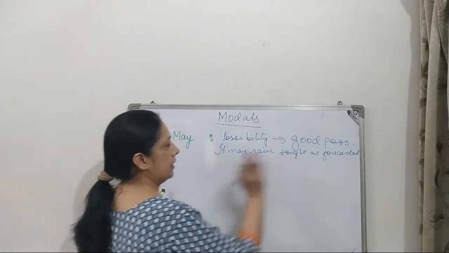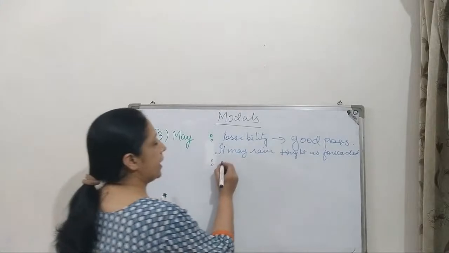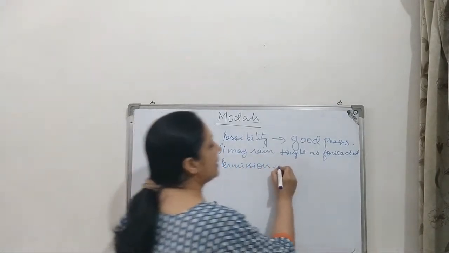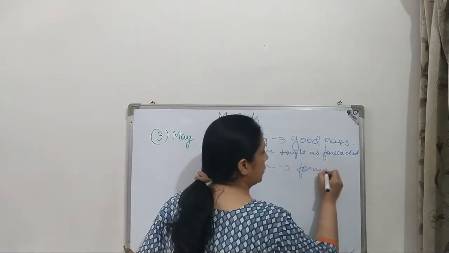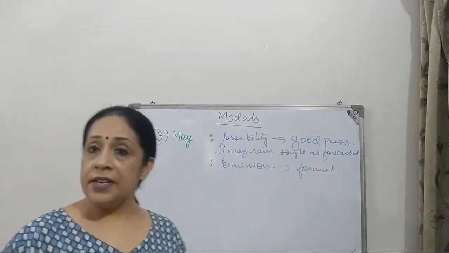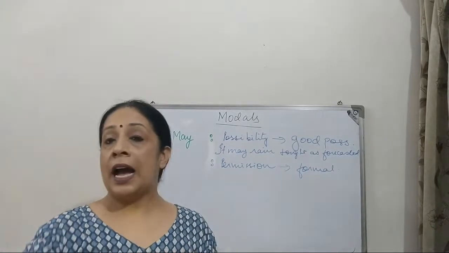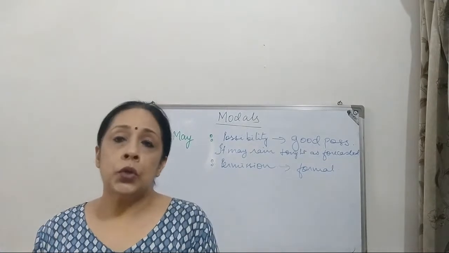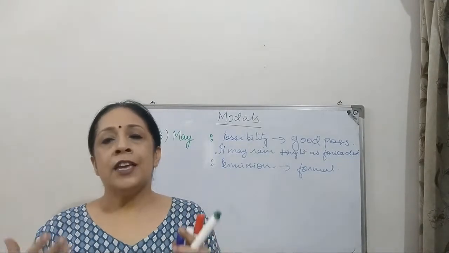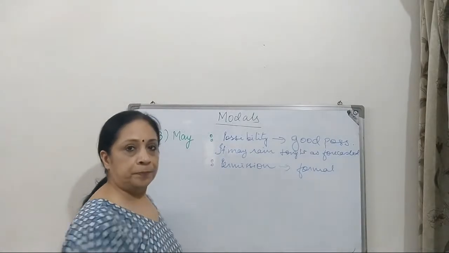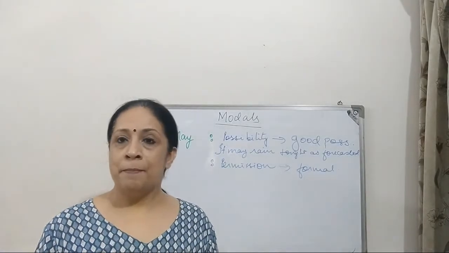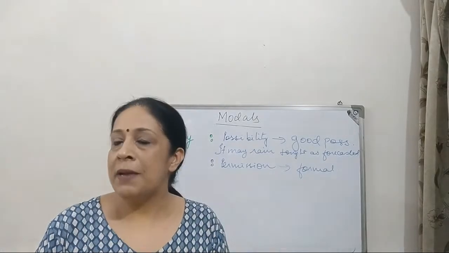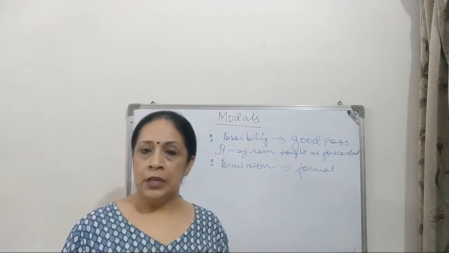So this is that. Next is for taking permission. Yes, permission, and this is a formal permission. So here when you are in office with your boss or the high authorities, in school with the principal or a teacher whom you don't know, you are not very free with, we usually use may. Formal permission. May I come in, ma'am? Alright, it is a respectful way. You are showing respect to the person in front of you. Yes.